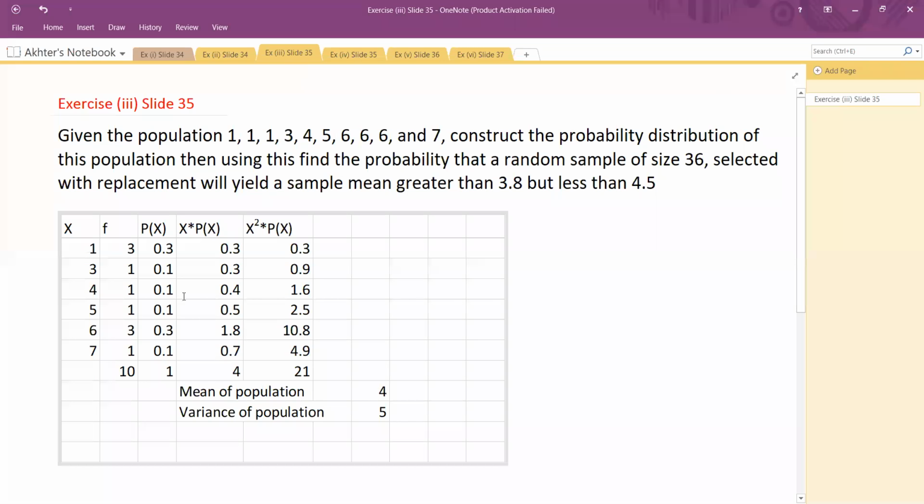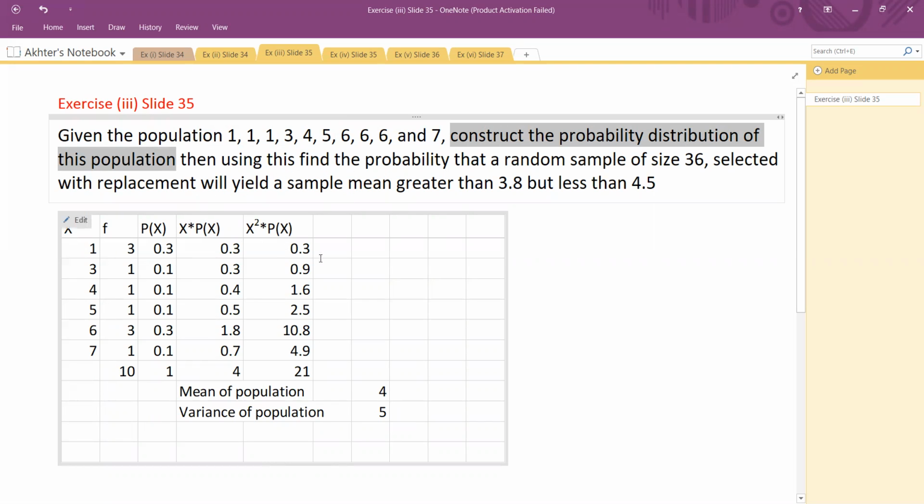Now you can see that the population mean is 4 and the population variance is 5. It was required to construct the probability distribution of the population, so this is the probability distribution we have constructed.